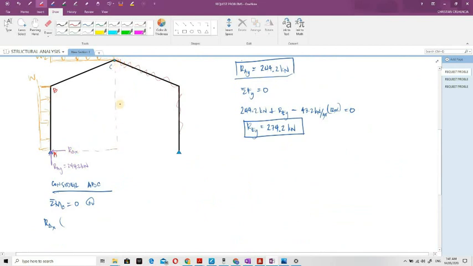So this is 7.5 meters. Then another clockwise moment yung RAY. RAY is 244.2 kilonewton multiplied by, so ito ngayon yung ating moment arm na 6 meters.